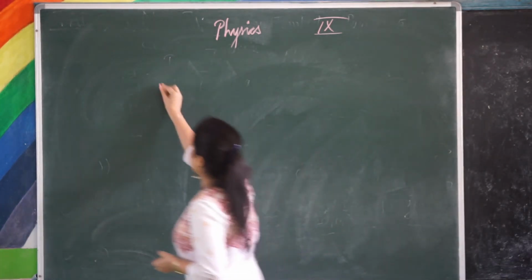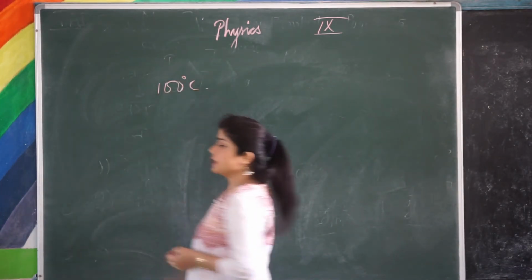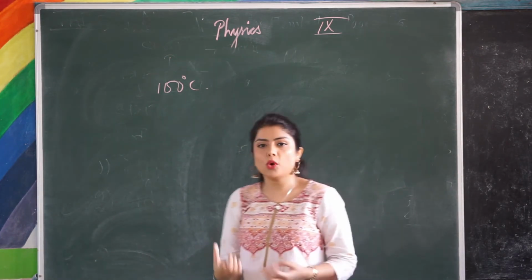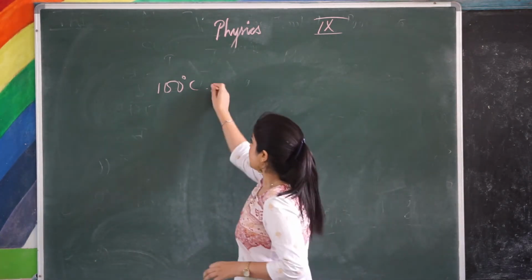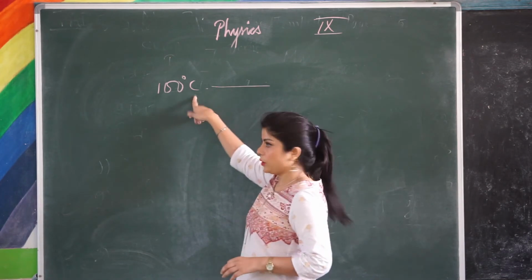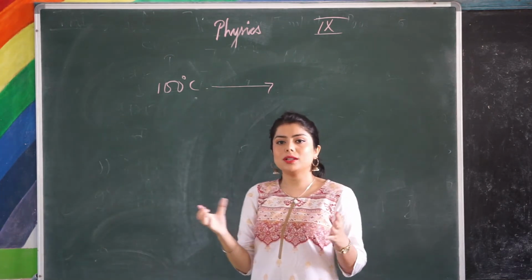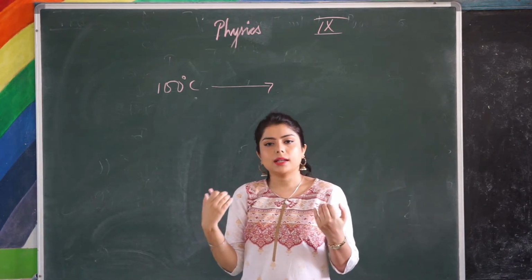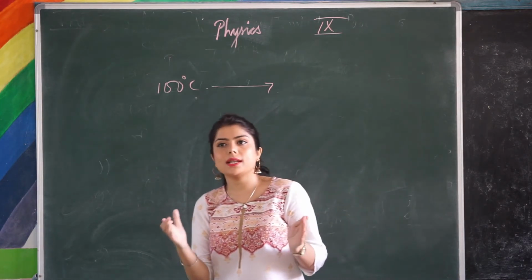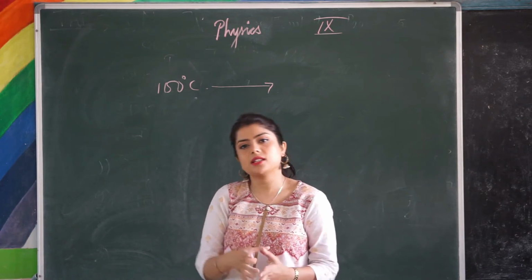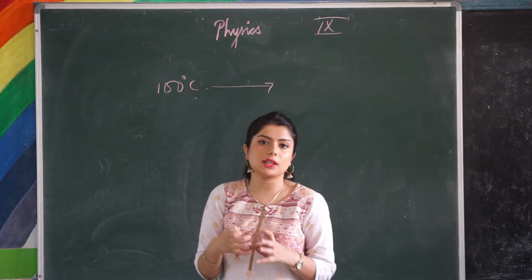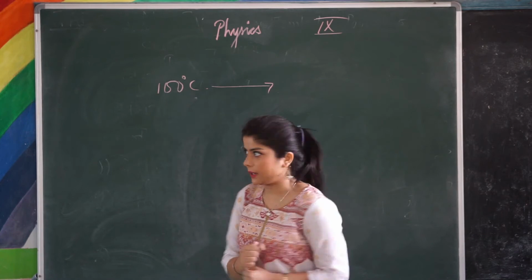Suppose there is water at 100 degrees Celsius. It's boiling hot. Now when we decrease the temperature of this water, the density will increase. That means the liquid is becoming denser. It means it is squeezing. It will contract, the liquid will contract.